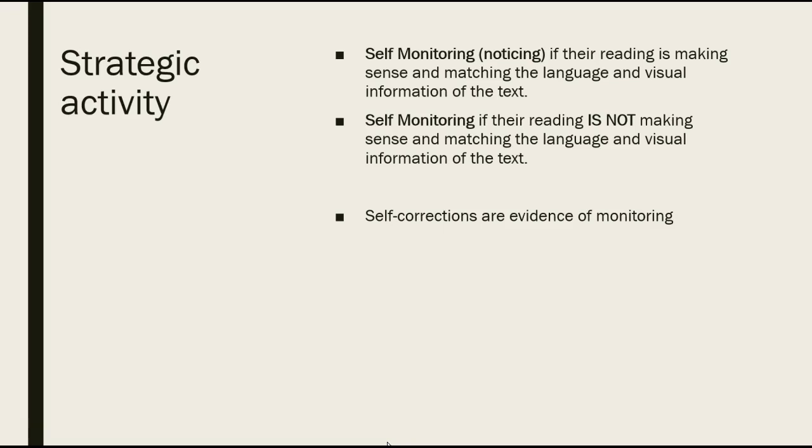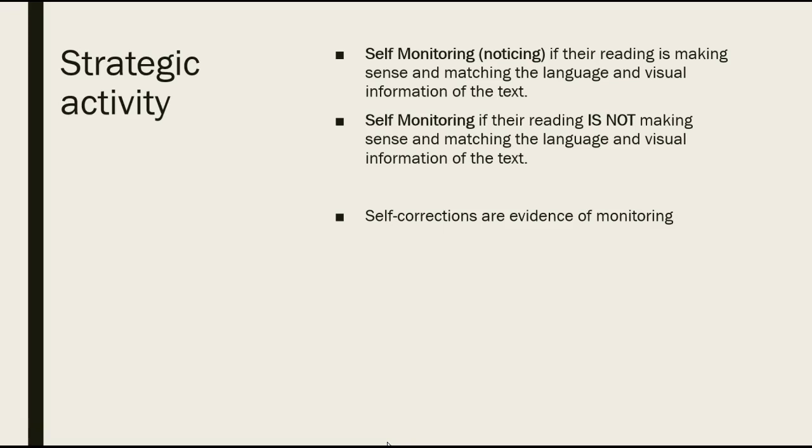For students to be able to get the messages of a text, some skills and strategies they will need to control are active searching for and using any appropriate information they know from outside or inside the text to work at the point of difficulty. They might cross-check one source of information against another.